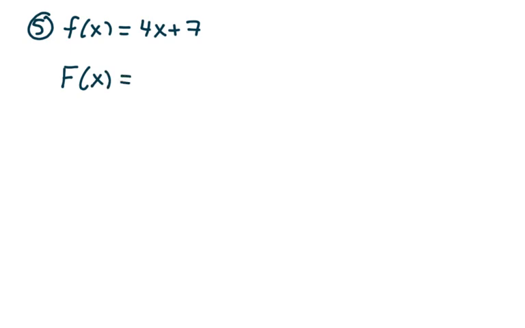Okay, now in your book, let's take a look at problem number 5. Suppose f of x is equal to 4x plus 7, and I want capital F of x. So in this problem here, remember x equals x to the first, therefore n equals 1. So I get 4 times the antiderivative of x, which is 1/2 x squared.